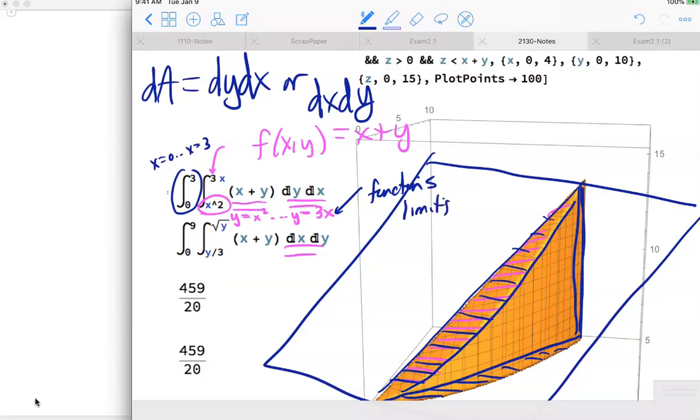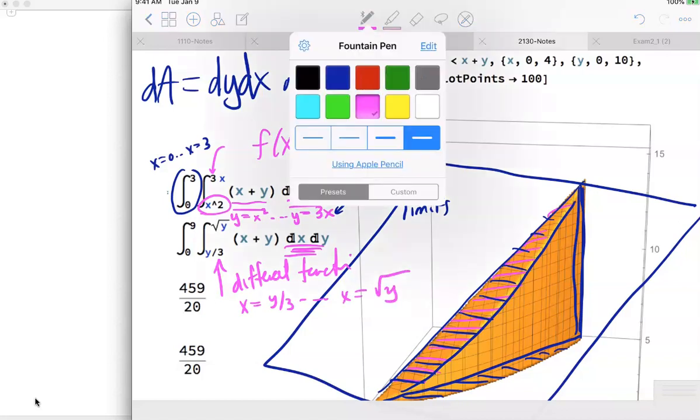Okay, and if you switch to a different order of integration, dx dy instead of dy dx, you may get different functions. In this case, this is x going from y over 3 up to x being the square root of y.